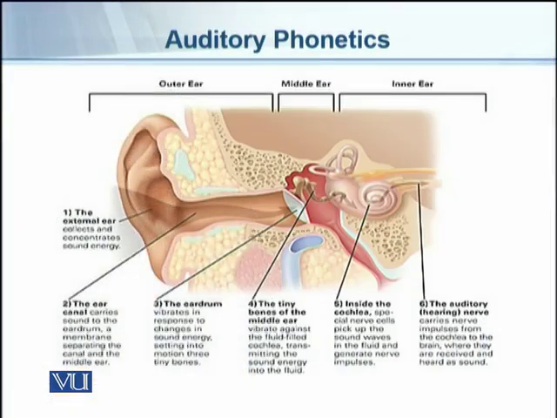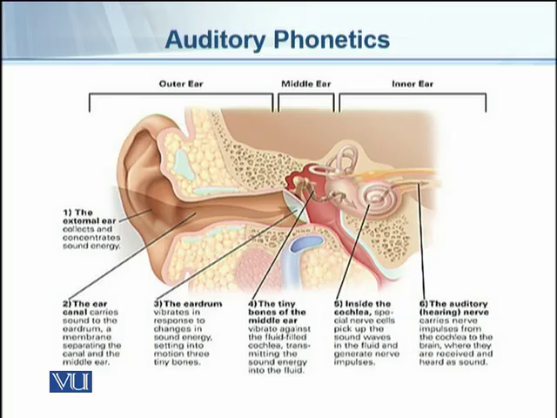So we can look at the mechanism that takes place in the biology or anatomy of a person. We have three parts of the ear: outer ear, middle ear, and inner ear. The external ear collects and concentrates sound energy.